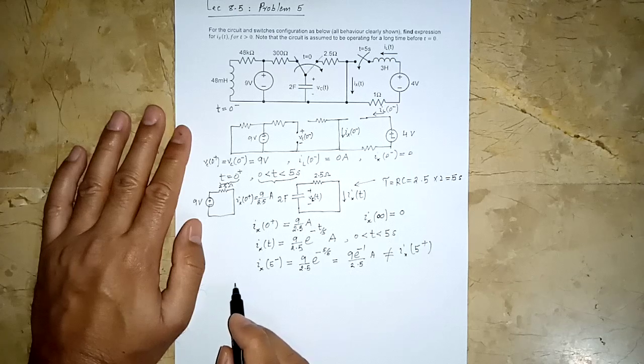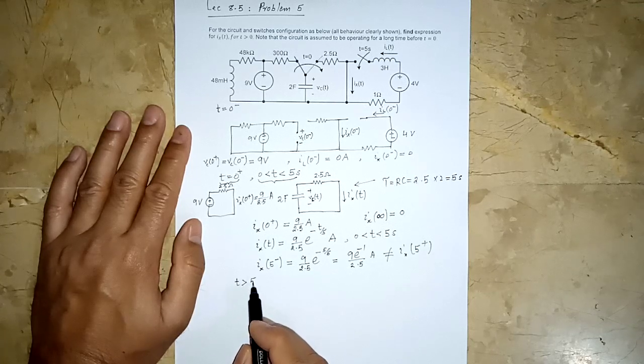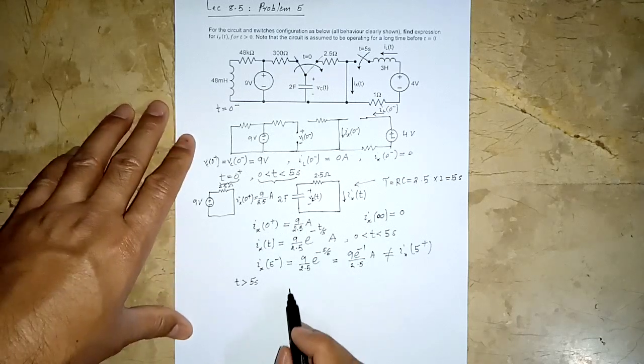Okay, so what is now going to happen in this interval, t from 5 seconds to plus infinity? So what are we going to get?